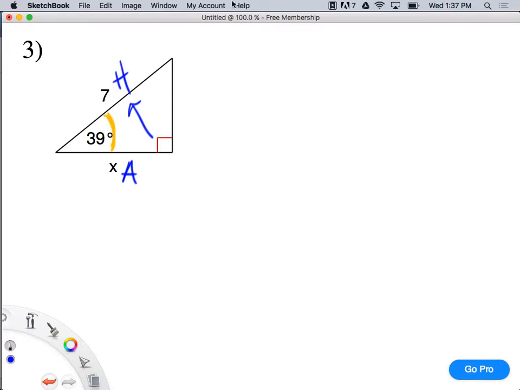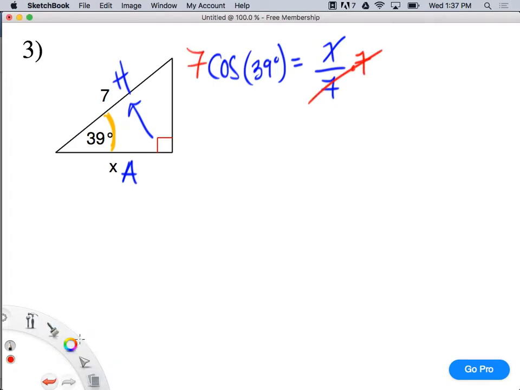Cosine. So I know that I'm working with the cosine of 39 degrees equals adjacent, which is x, over hypotenuse, which is 7. Okay? I then multiply both sides by 7. That cancels out. I'm left with x equals 7 times cosine of 39.